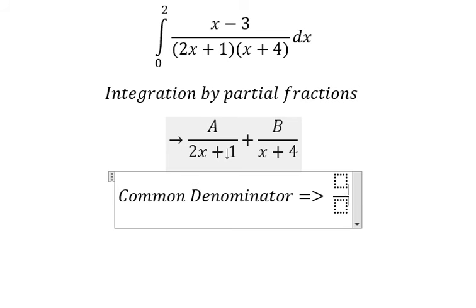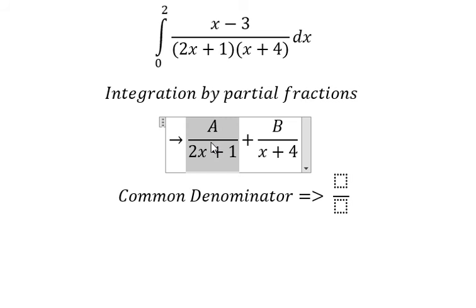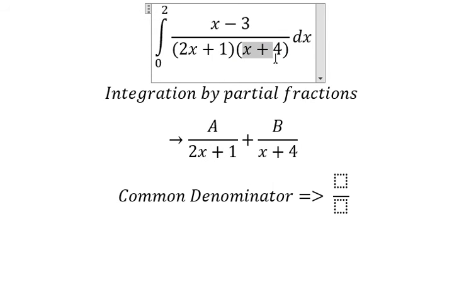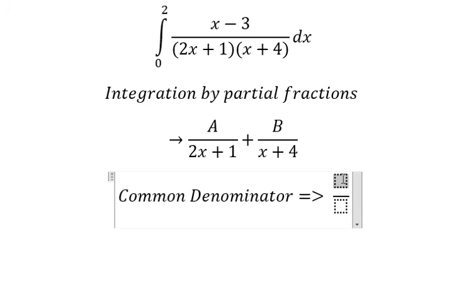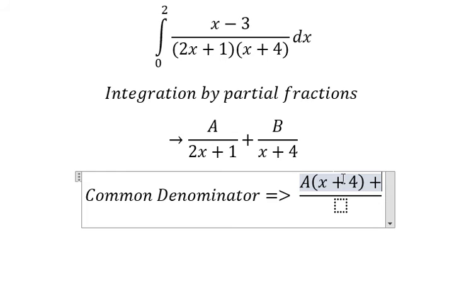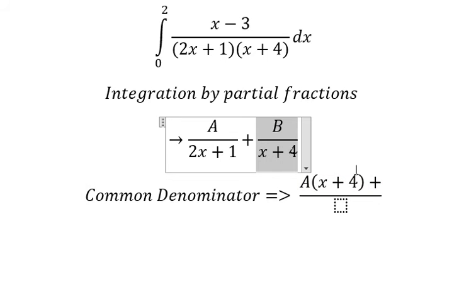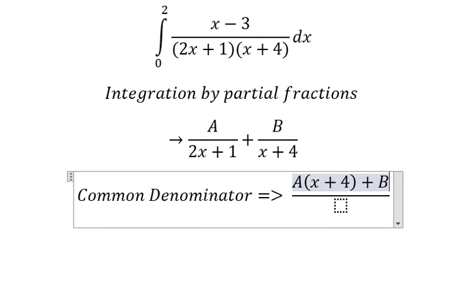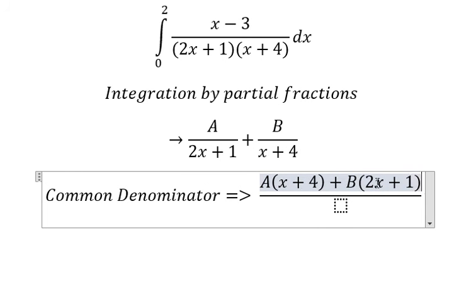So, about this one, it is missing x plus 4. So capital A multiplied by x plus 4. About this one, it is missing 2x plus 1.